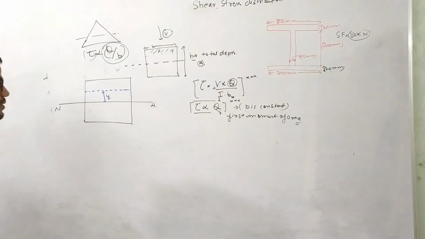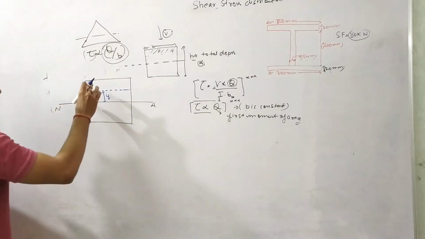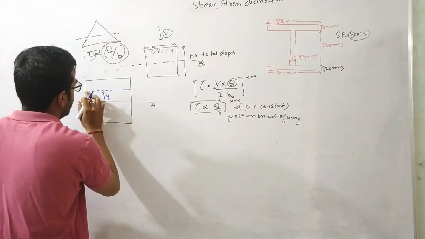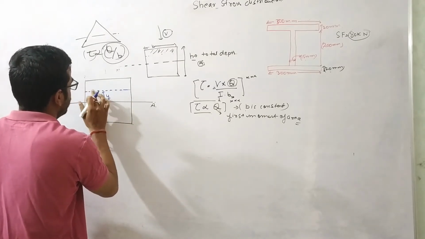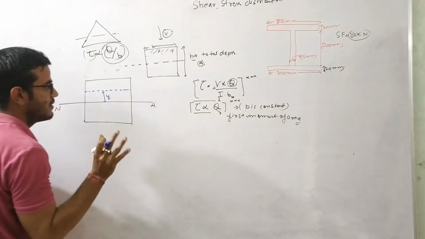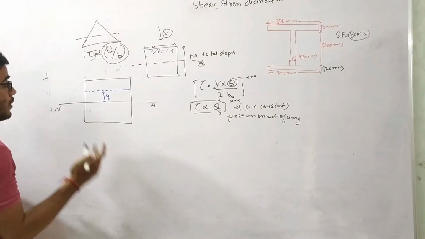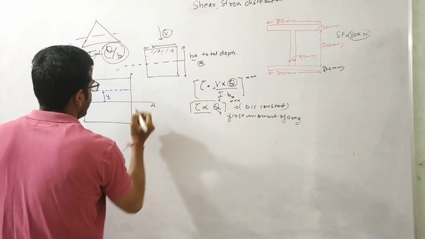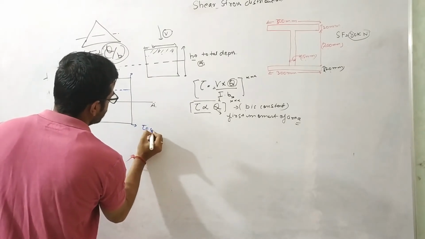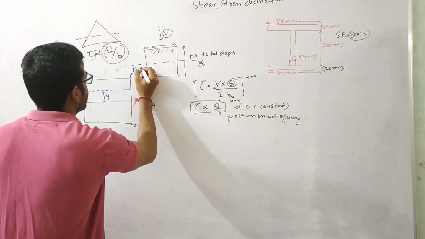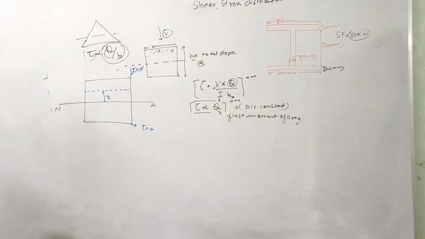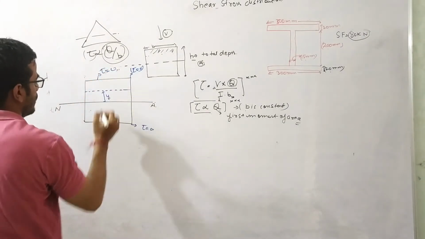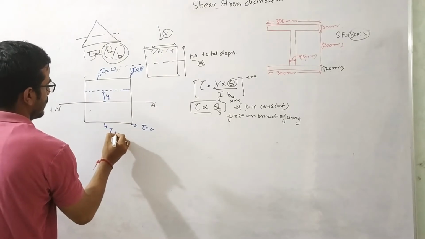I will see what the formula for the shear stress at this level is, and how my shear stress is varying. I already know that at the end points, I'll have tau equals 0, because these are the outer boundaries. So at this point my tau will be 0, and at this portion my tau will be 0.